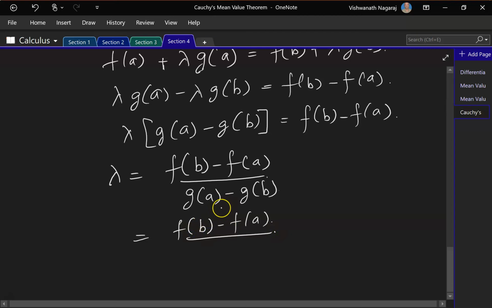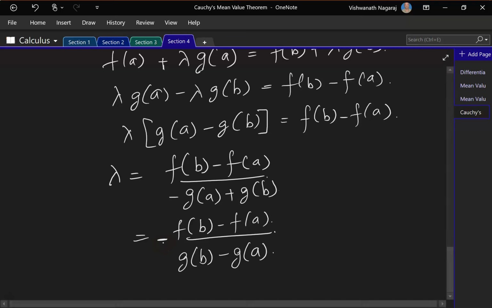So basically what we are doing is we are changing the signs of these two, right? So this becomes minus, this becomes plus, and now we can write g of b minus g of a. But since we have changed the signs, we need to make sure that it is neutralized by putting a minus sign in front.